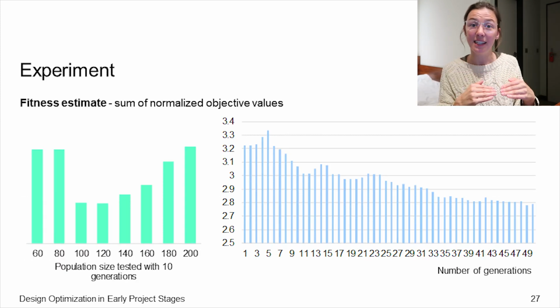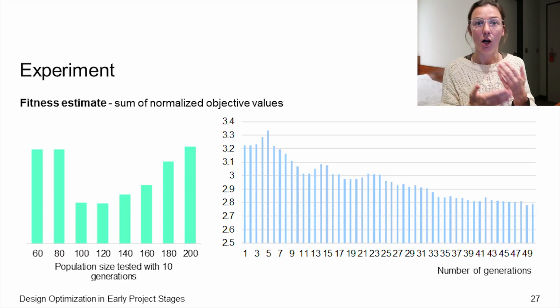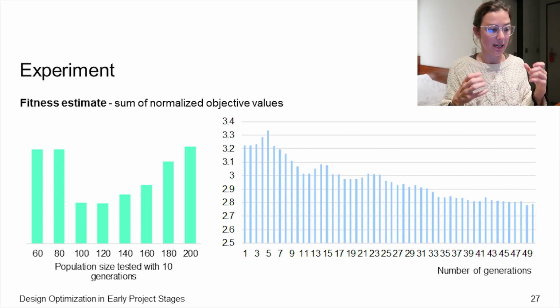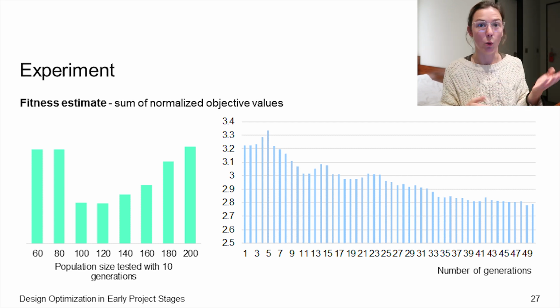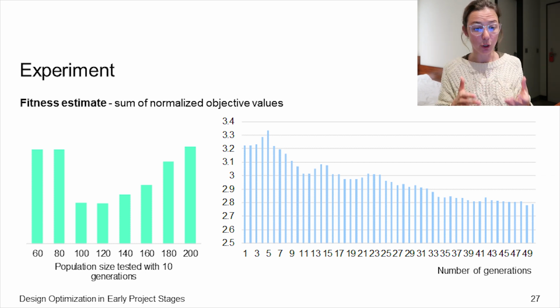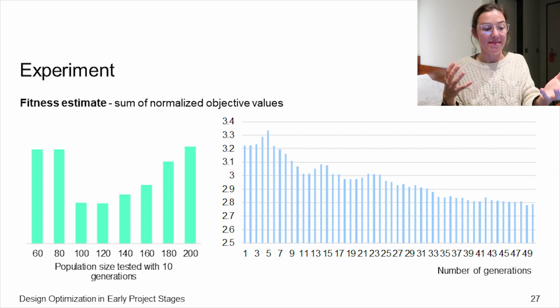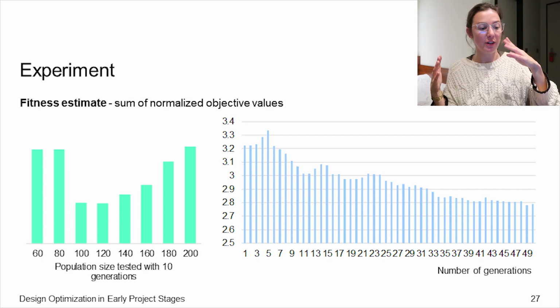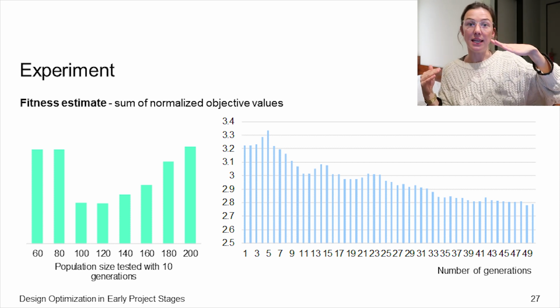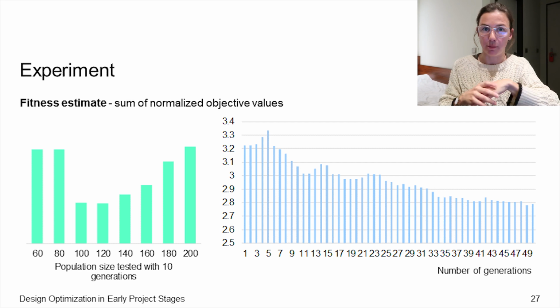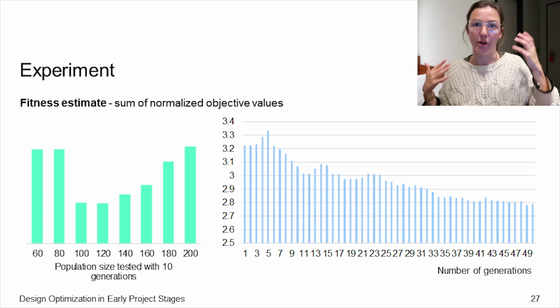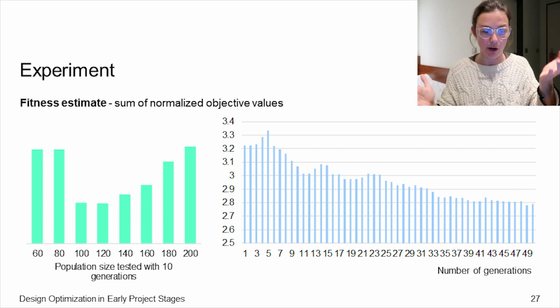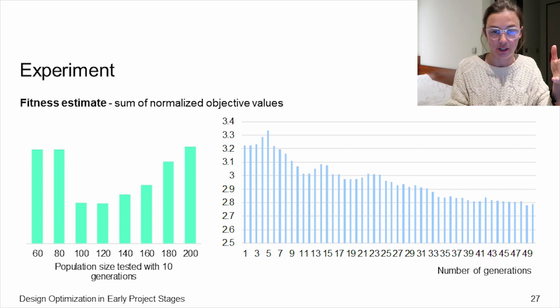So there's an ideal population size for every optimization problem. And in my case, I detected it at a population size of 120 members per population. And then I increased the number of generations until the average fitness of the population increased no further or very little, which was about after 50 generations.